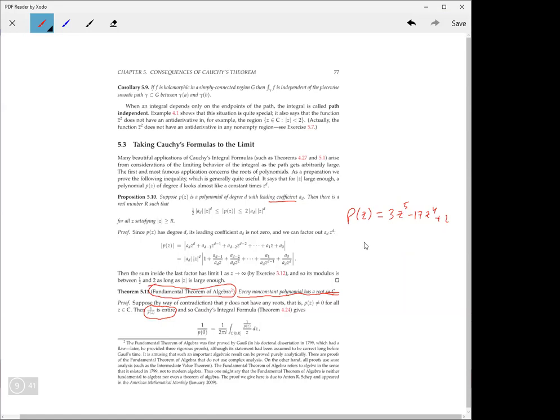As the magnitude of z gets larger, this 3z to the 5th dominates. By that, I mean it becomes much, much bigger than any other term. In absolute value, it's going to dominate, and it's going to infinity.